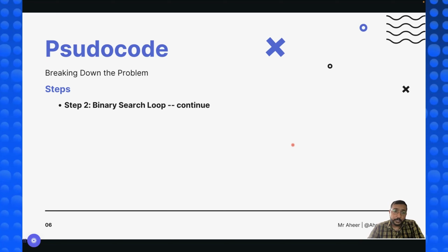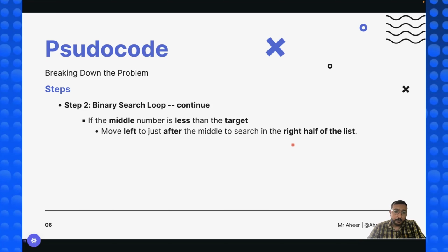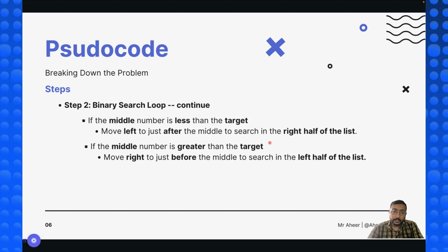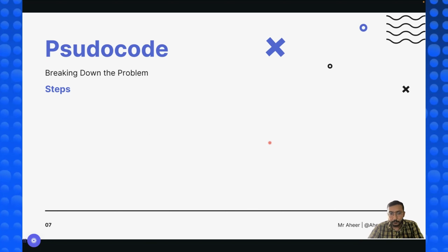Now we keep repeating this until we find both cases. If the middle number is less than the target, then we search the right half for our target value, and if it is greater, then we search the left half and move the right pointer as before.